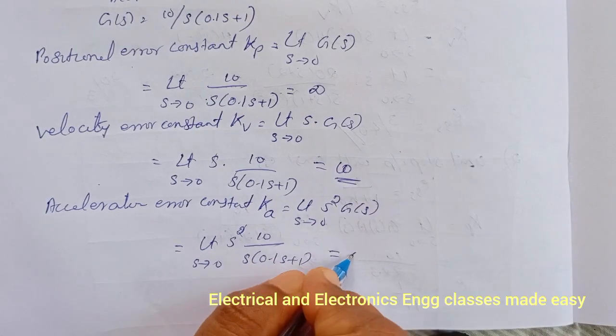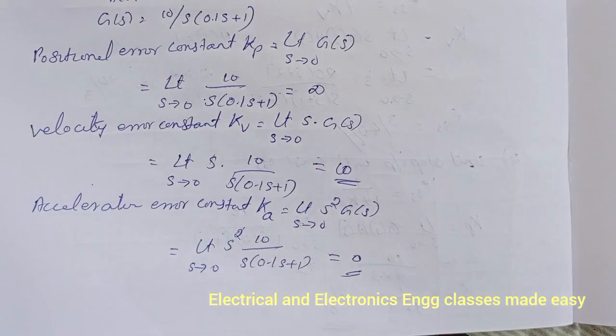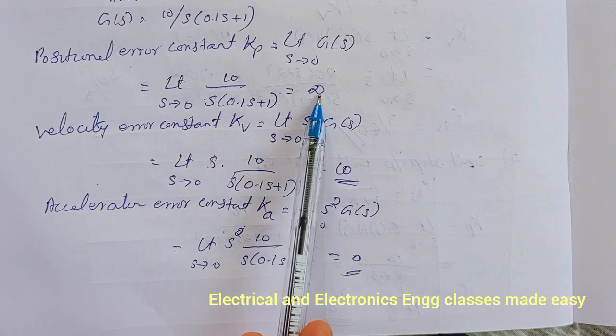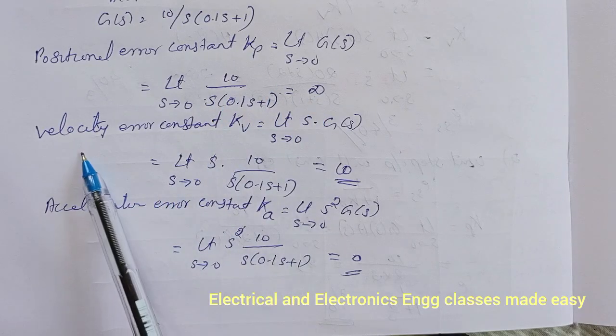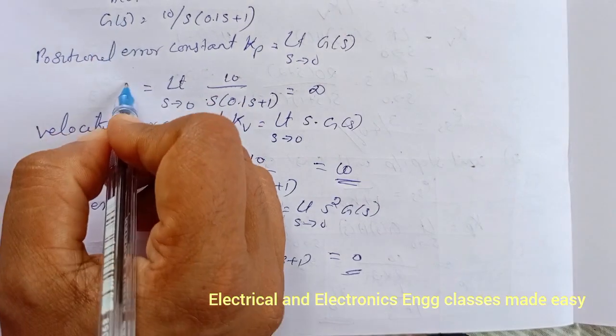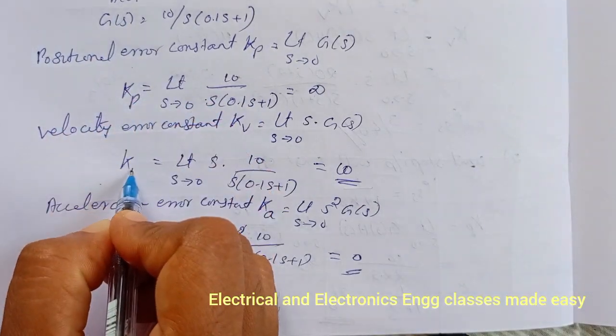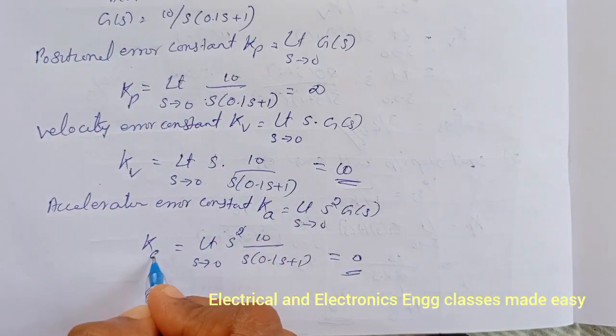So it is equal to 0. So these are the static error constants. Kp is infinity, Kv is 10 and Ka is 0.